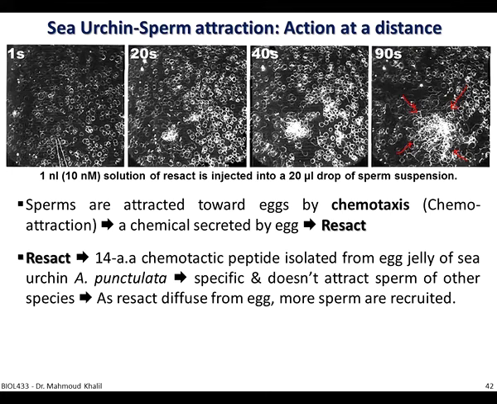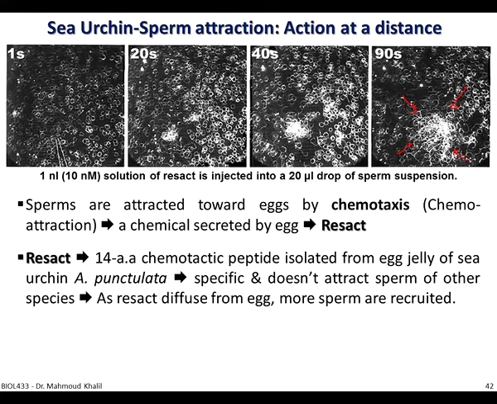Resact is a 14 amino acid chemotactic peptide, a very small protein. The scientists managed to isolate it from the egg jelly coat of the sea urchin, Arbacia punctulata. This resact is very specific, and it doesn't attract the sperm of other species, because it diffuses from the egg.